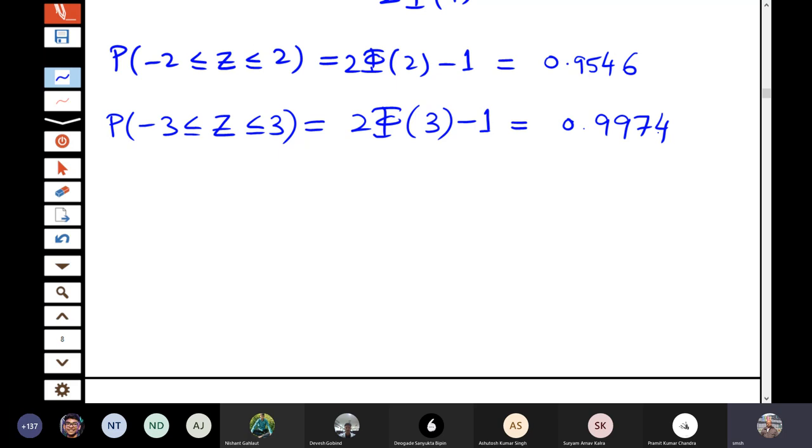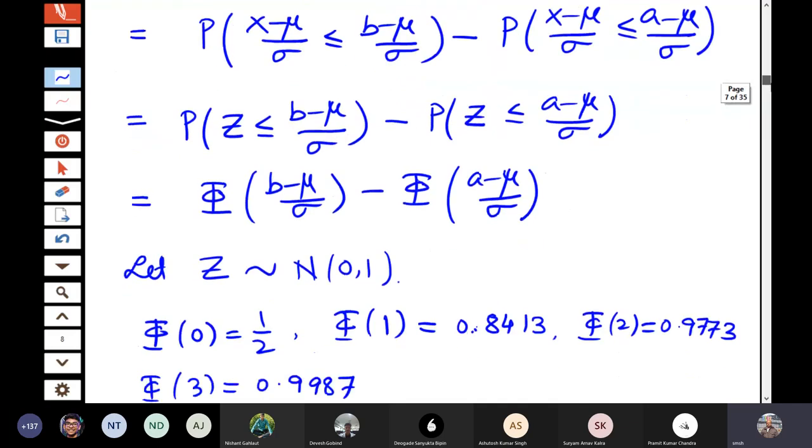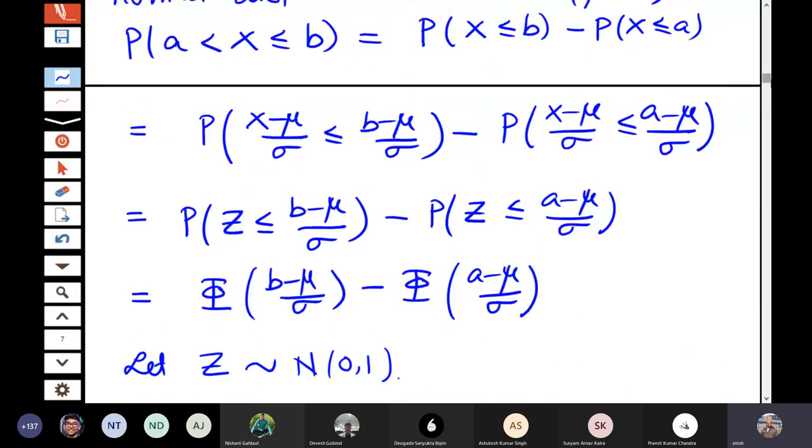Now let us use this relation that the probability of a less than x less than or equal to b is phi of b minus mu by sigma minus phi of a minus mu by sigma.